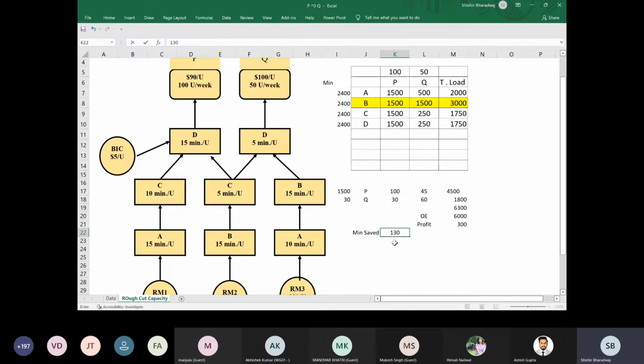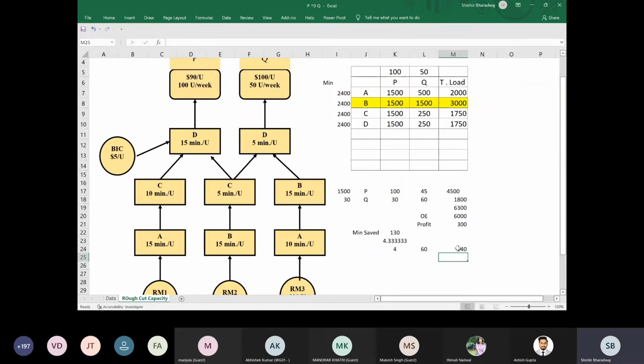If I divide 130 minutes by 30 minutes, I can make 4 more. 0.33 I cannot sell, so let's assume I can make 4 more. What is the throughput I am getting from every one? 60. So total increase in throughput is 240.